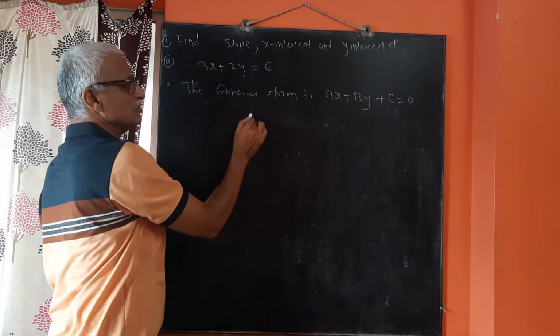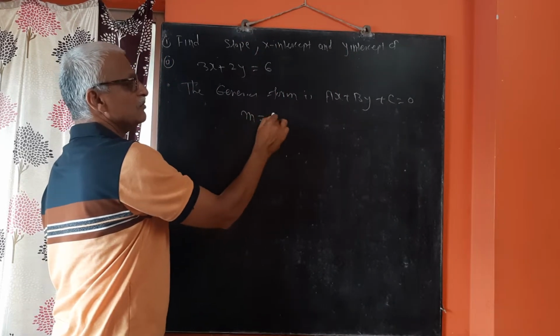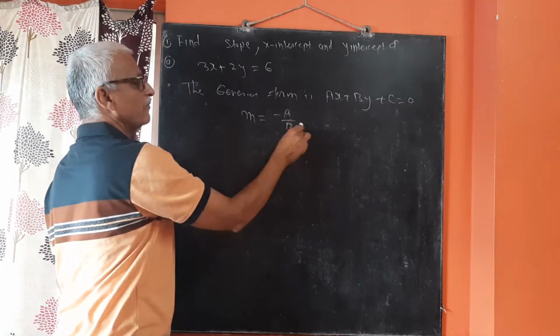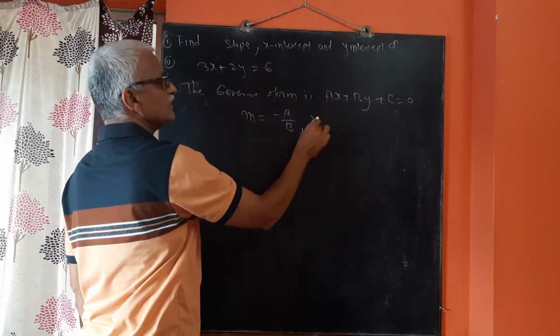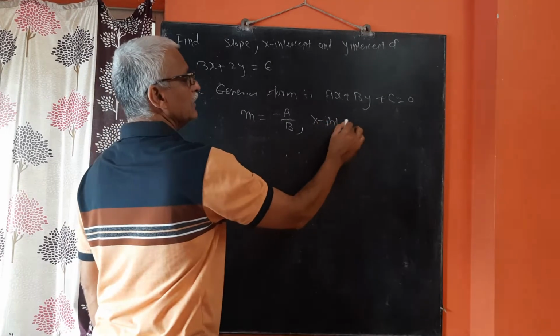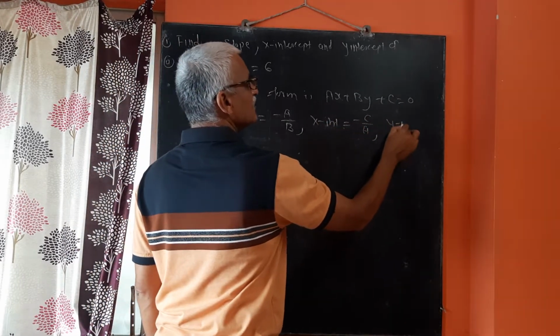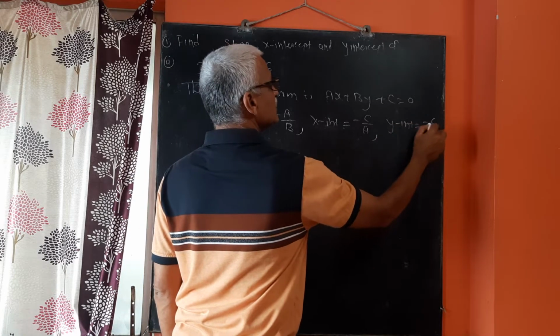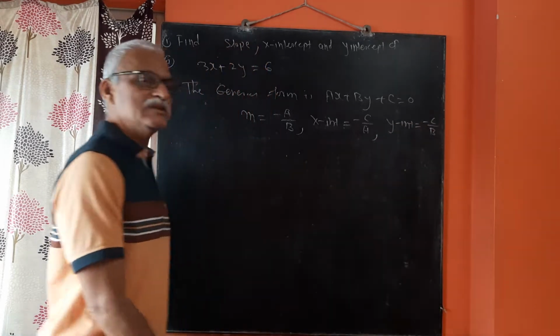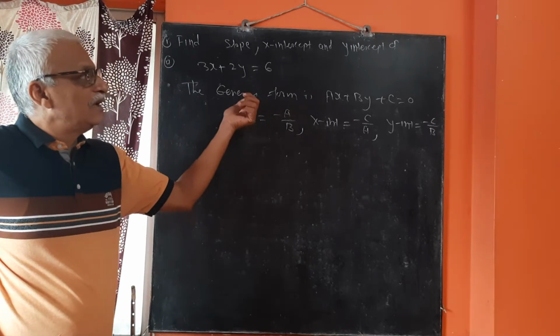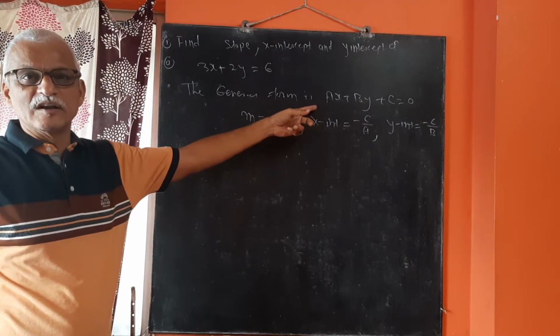Here slope, I write m equals to minus a upon b. X-intercept is equals to minus c upon a, and y-intercept is equals to minus c upon b. So this is the general formula, and these are the formulas on that general formula.